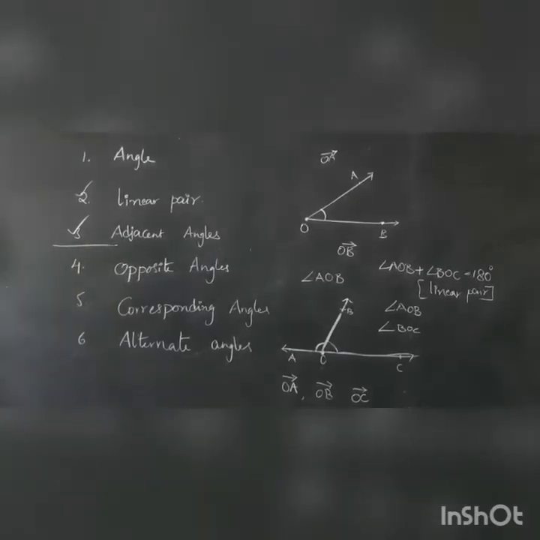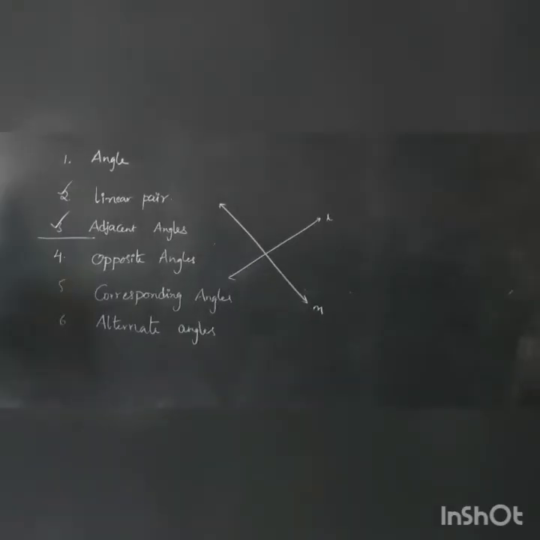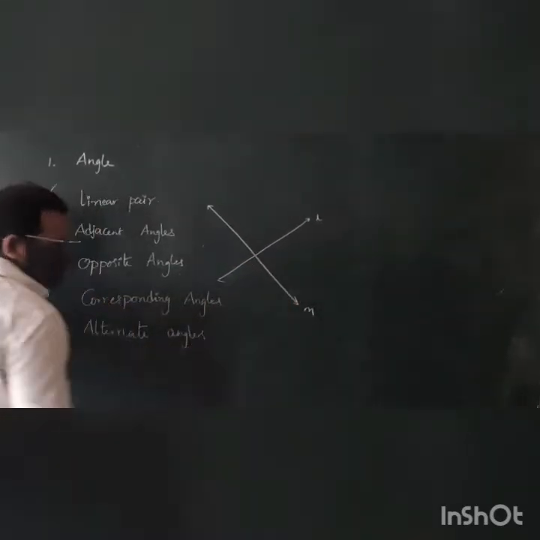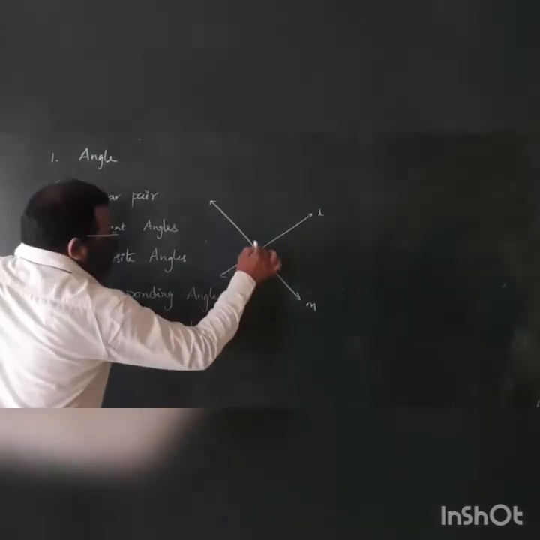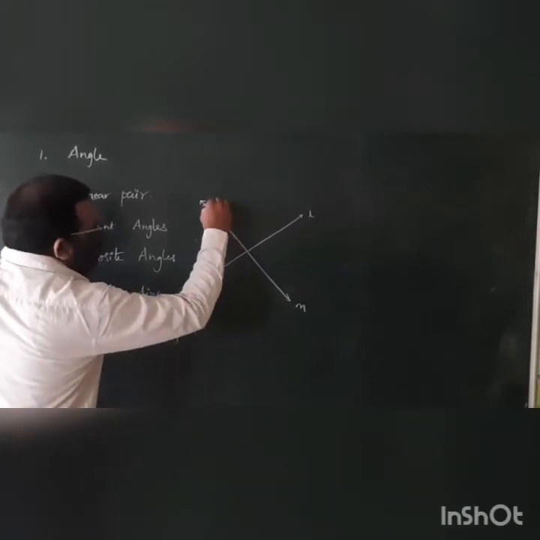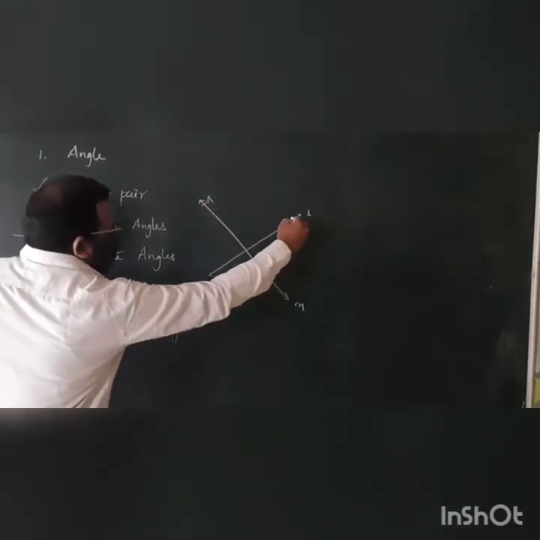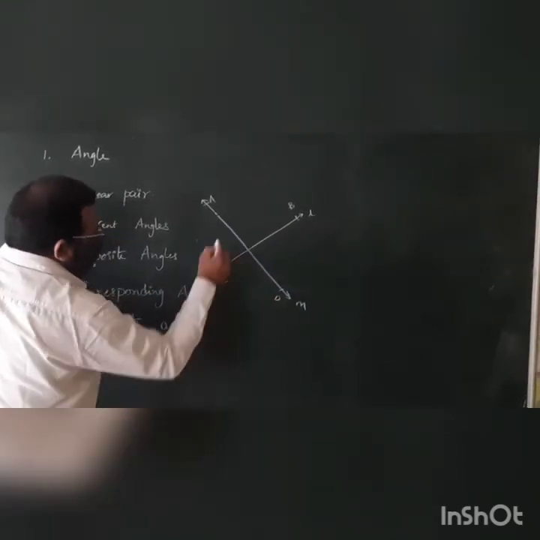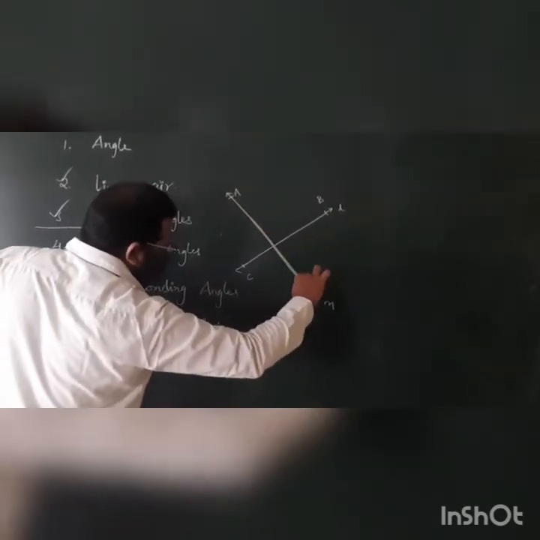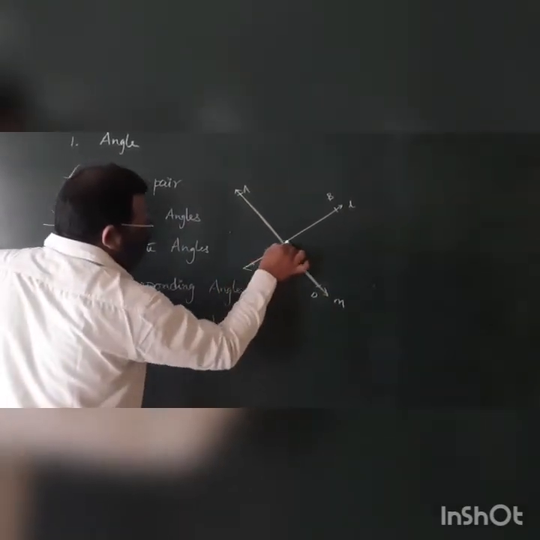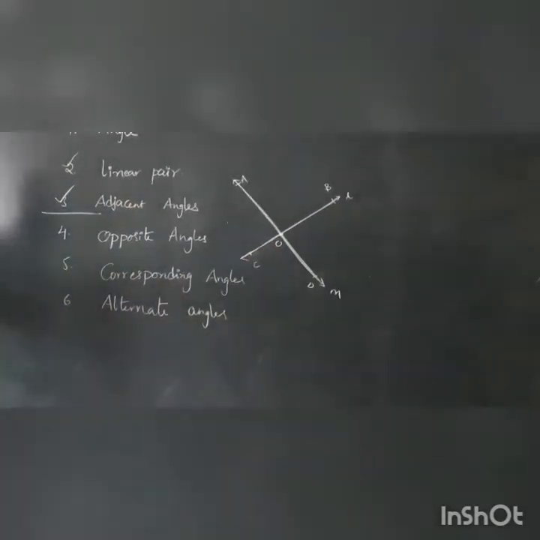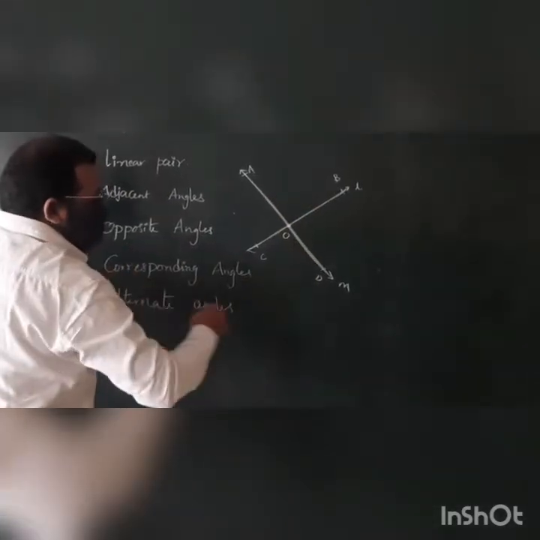Now let us see the remaining 4, 5, 6. Here we have taken two different lines. One is line L, the other line is line M. And if we take this as A and this as B, C, D. Now you can say AD is one line, BC is another line, and these two lines intersect at point O. Now we can say here we have formed angles.